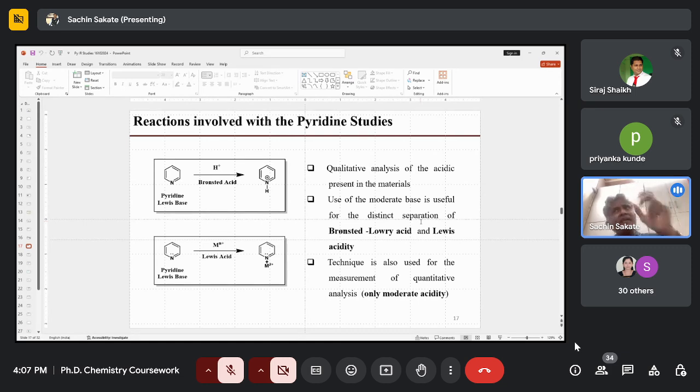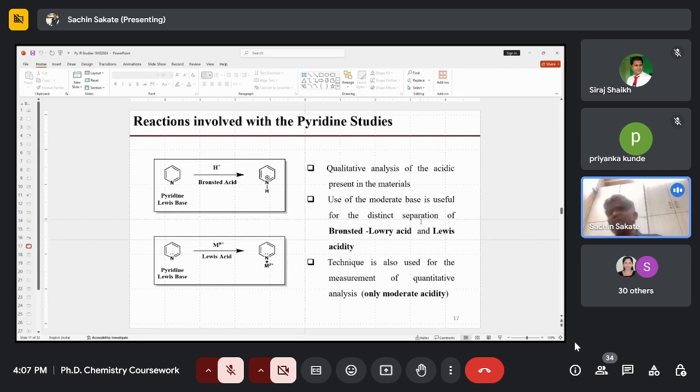So this is a very interesting technique. Up till now, it was discussed only about the qualitative analysis which can distinguish the Bronsted acidity and Lewis acidity, but there is no other technique available for this analysis. Only Pyridine IR is giving you the idea whether your material is Bronsted acidic or Lewis acidic.